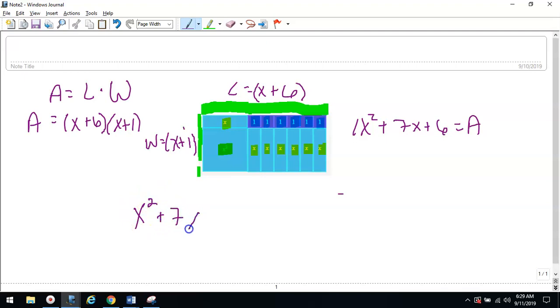I don't actually need that one, so I'm just going to put x squared plus 7x plus 6 is equal to, and then how we did the length times width is equal to x plus 6 times x plus 1, okay? That's the answer it wants for D.